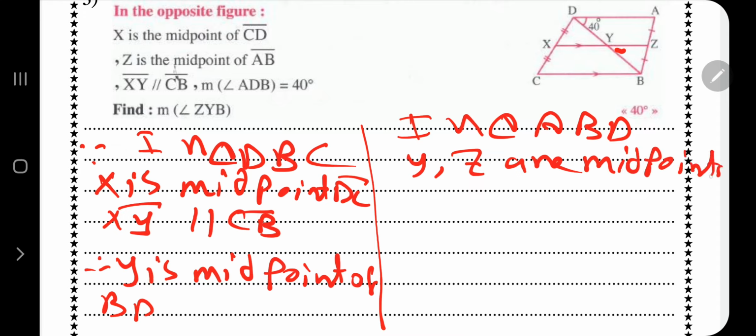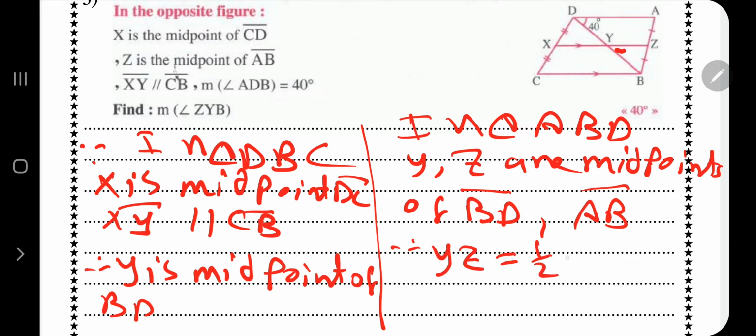midpoints of BD and AB, that means YZ equals half AD. It is not important in this part, but I put it as a quick revision.